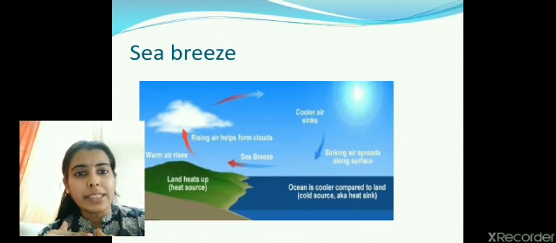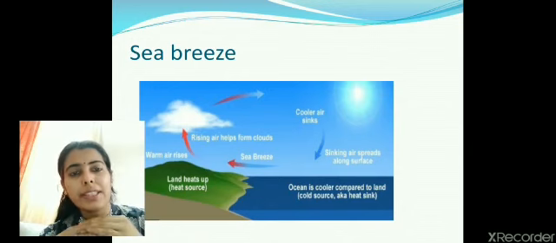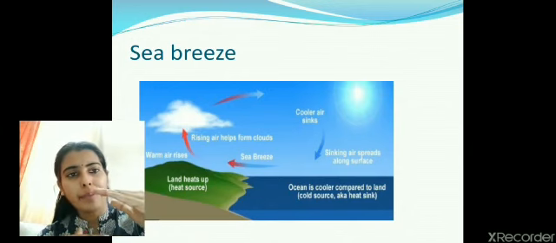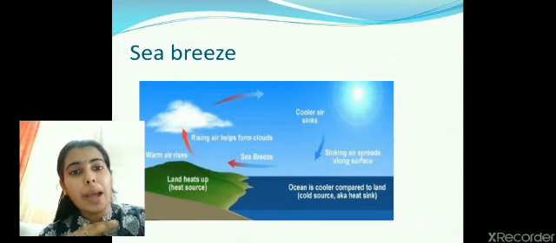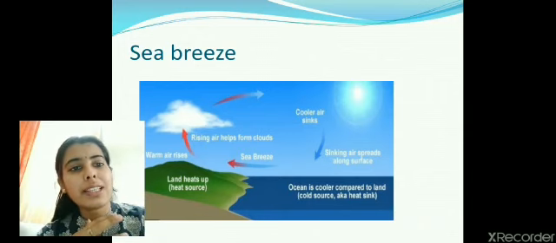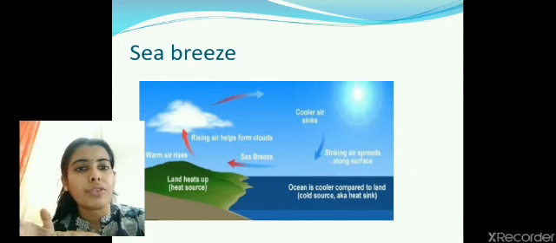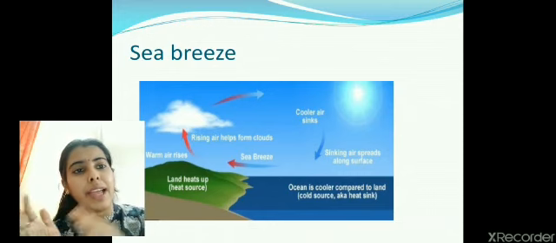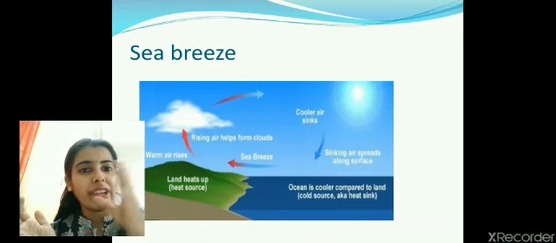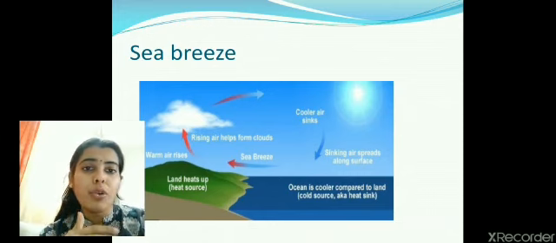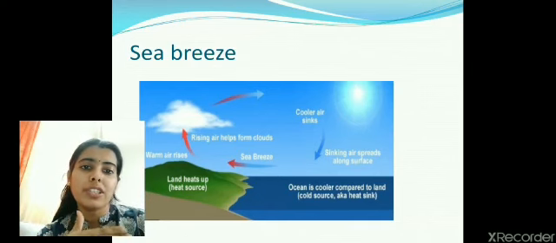Land gets heated up and the air close to the land gets heated up. This heated air starts moving up. The air which is above the sea, as you can see in the slide also, this cooler air will be heavier, so it will start moving and taking the place of the air on the land, and this creates a convection current, and this flow of air from the sea, which is cooler.